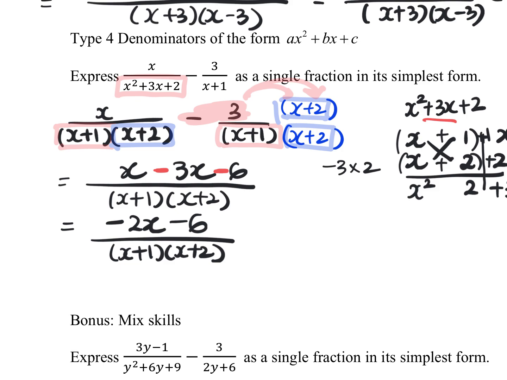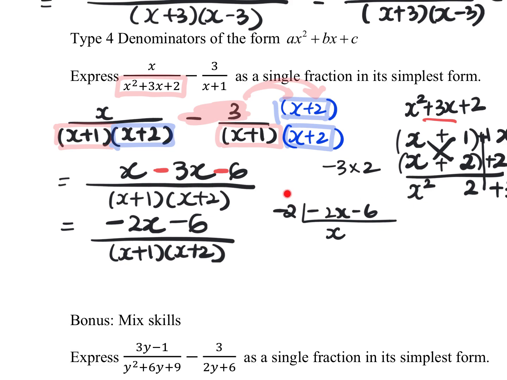Is this going to be your final answer? No, right? Because what is there? There's a common factor here. So we can factorize out the common factor. In fact, the negative sign is also common, so we can factorize out a negative 2. Negative 2x divided by negative 2 will give you a positive x.